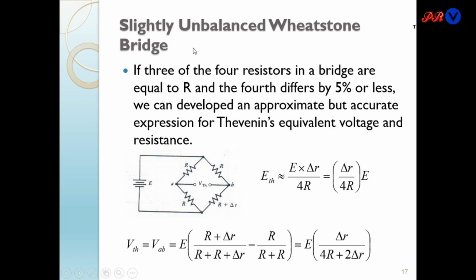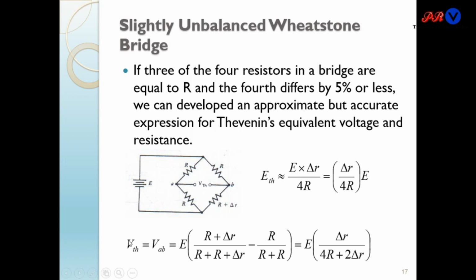So this is the condition. What are the Thevenin voltage source and resistance when our bridge is only slightly unbalanced? Here the V Thevenin value comes out approximately equal to E times delta R divided by 4R.